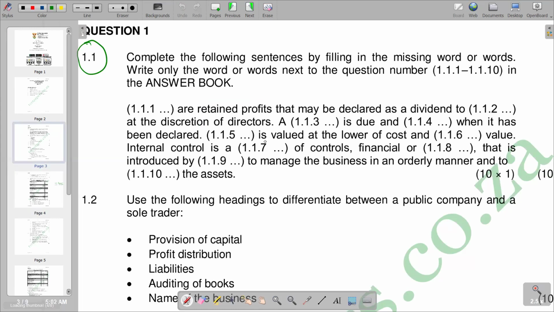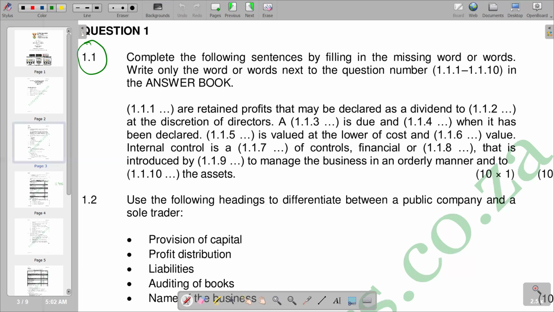Now we have a new sentence which says: a dash is due and dash when it has been declared. We try to find out which word can fit for 1.1.3. The most appropriate term you can put there is a dividend, and we know that when it is declared, it becomes payable, because when a dividend is declared, it is not yet paid.